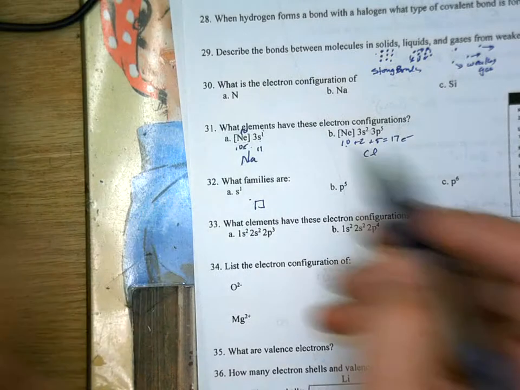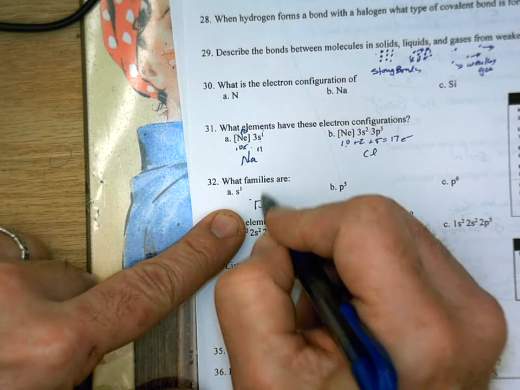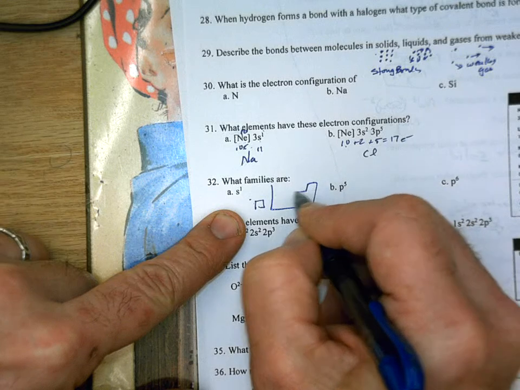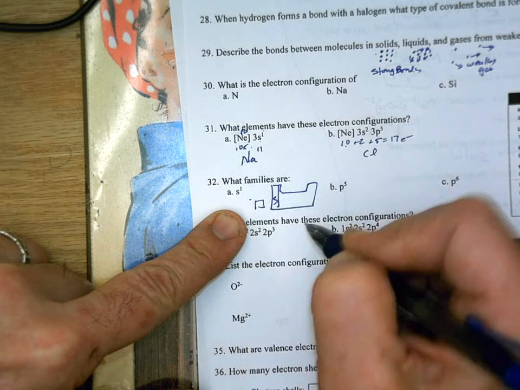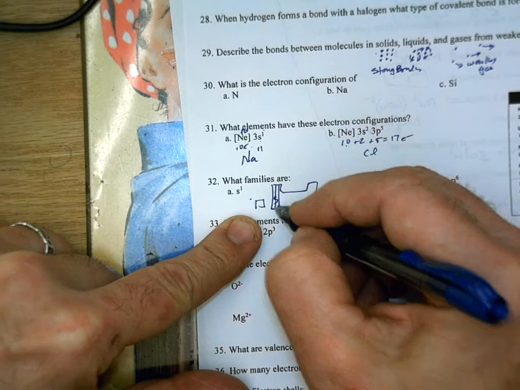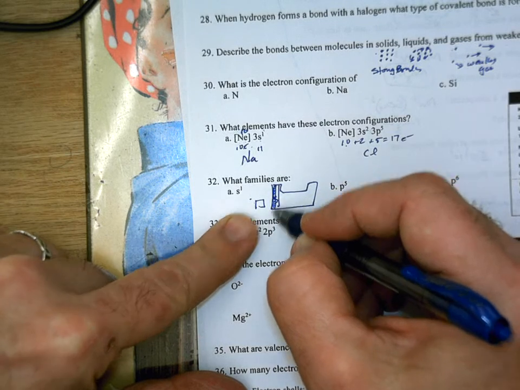On your periodic table, this is called the s block. So any atom that ends in s1 is going to be one of these over here, the alkali metals.